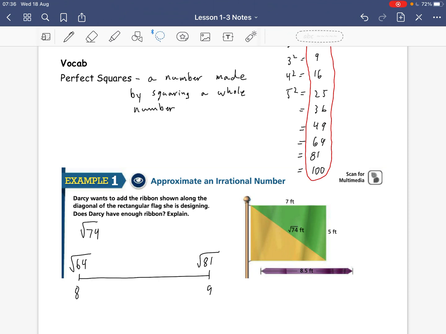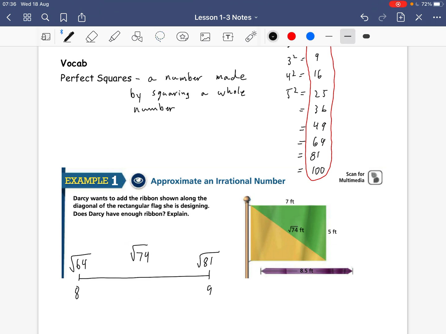So we know that the square root of 74 is somewhere between the square root of 64 and the square root of 81. Or we know the square root of 74 is somewhere between 8 and 9. So we're approximating it. So it could be over here, it could be closer over here. So let's put it in the middle.